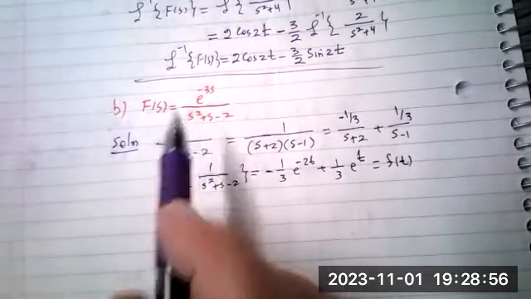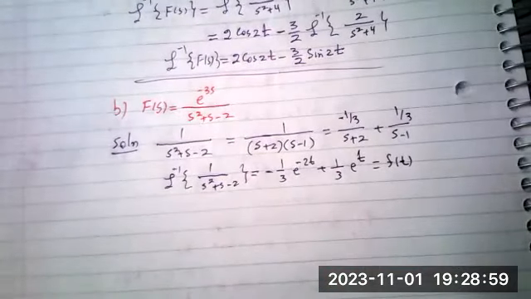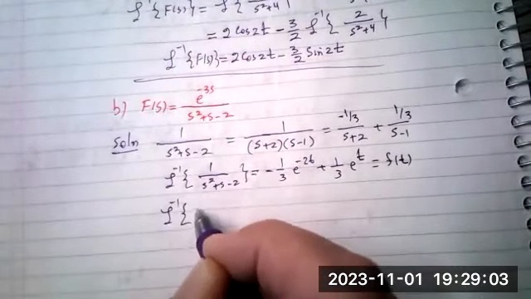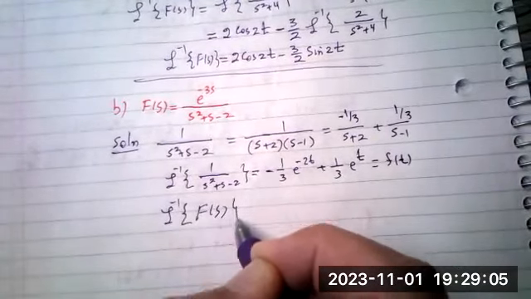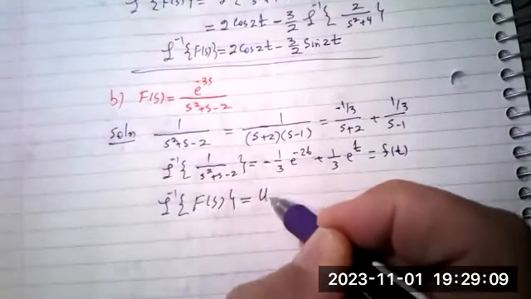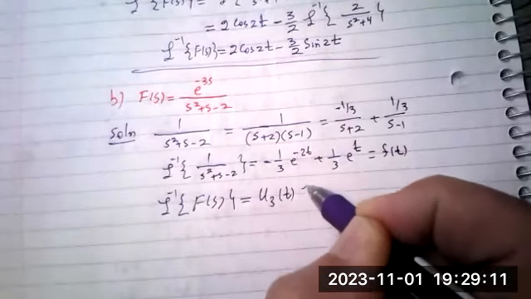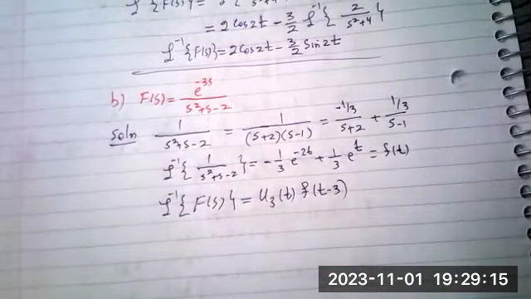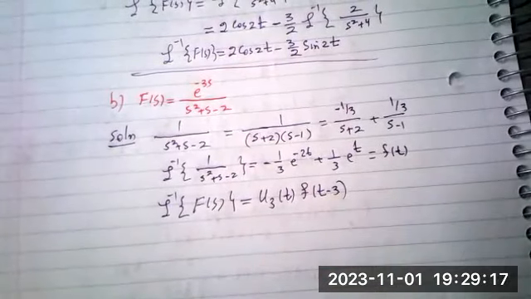But your function would have a factor of e to the negative 3s. So the Laplace inverse of the given F of s is going to be equal to what? u3(t) f of t minus 3. That's it. You already got f of t. You replace the t by t minus 3 and be done.